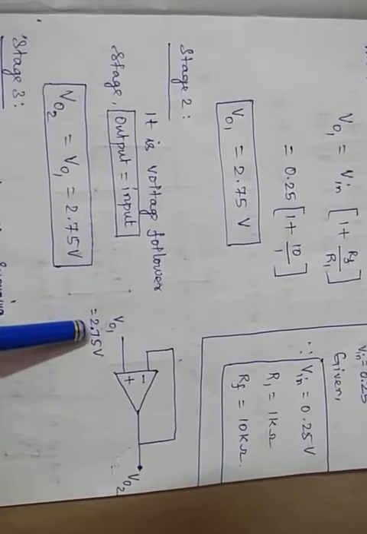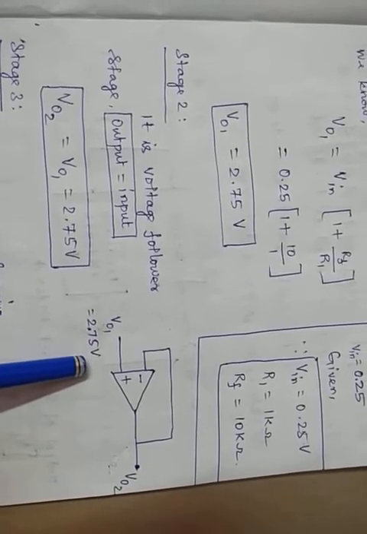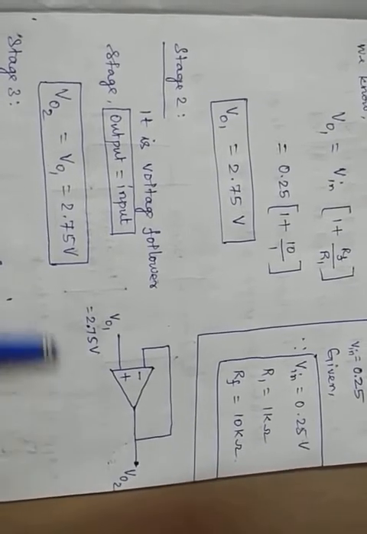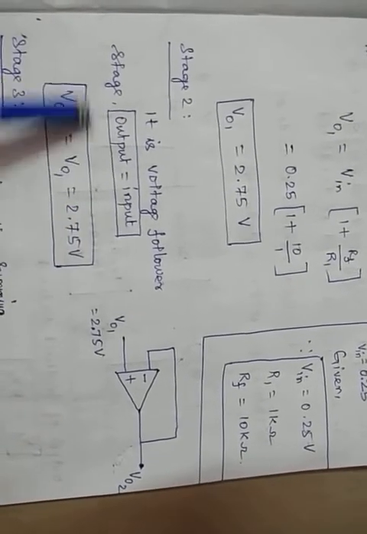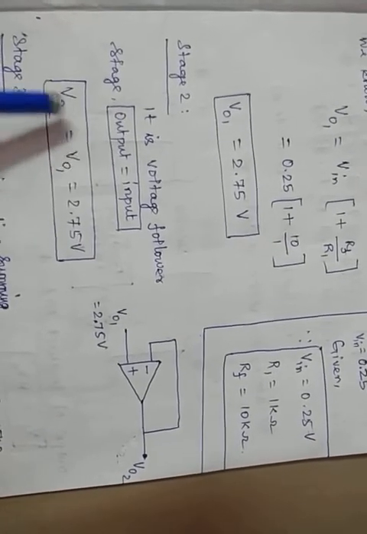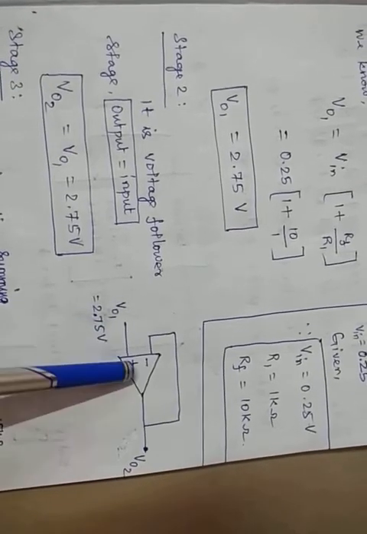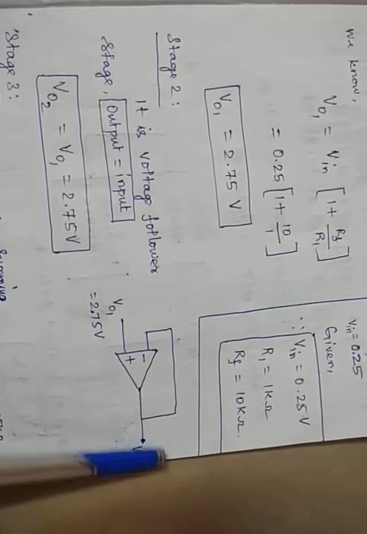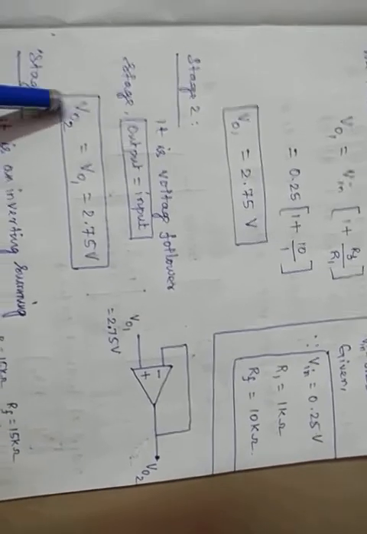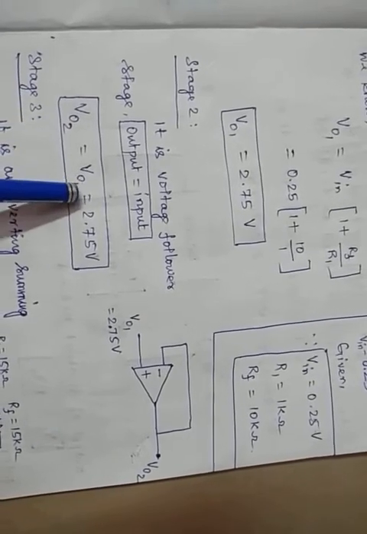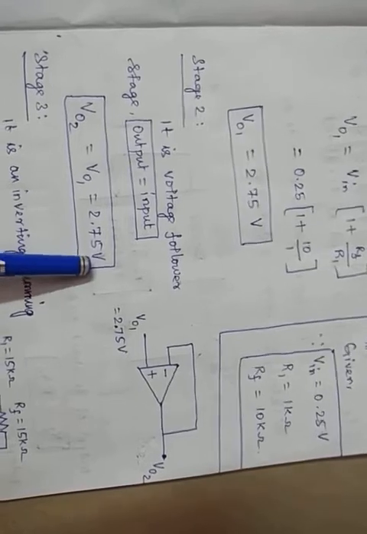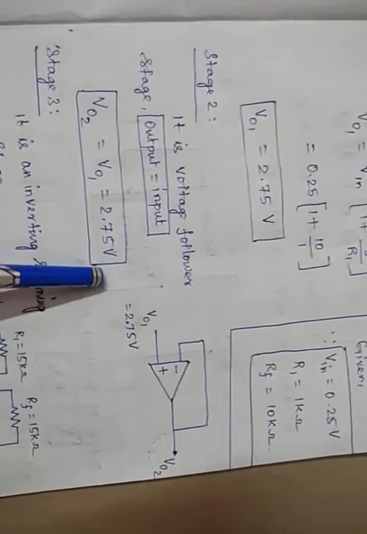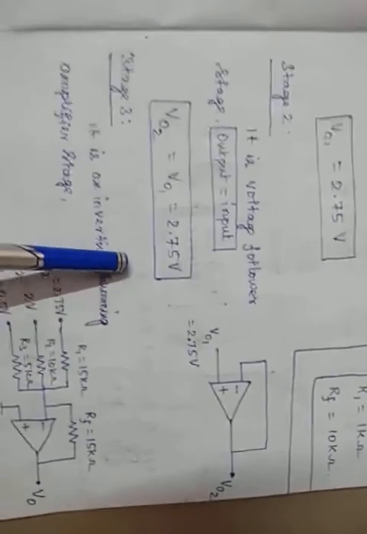So Vout 1 equals 2.75 volt, and in a voltage follower, output equals input. Whatever input we apply, the same appears in the output. So Vout 2 equals Vout 1, which means 2.75 volt. We'll move on to the third stage.